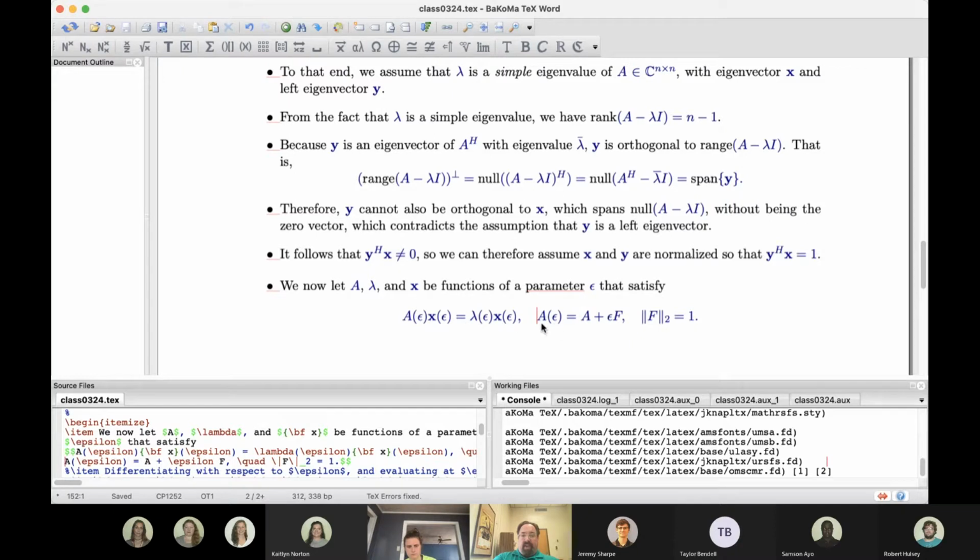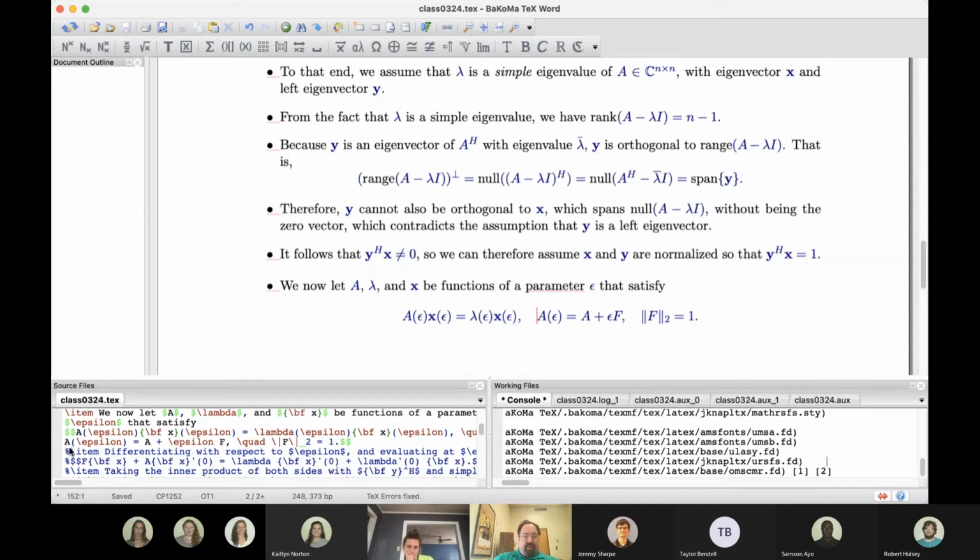And A of epsilon is defined this way, that we're perturbing A by some matrix F, and we assume that F is a matrix of norm 1. So epsilon really indicates the size of this perturbation of A. So then what I could do to study sensitivity relates very closely to derivatives.